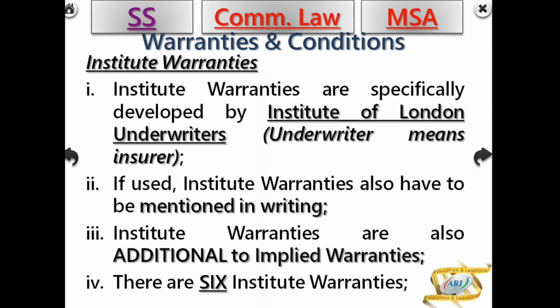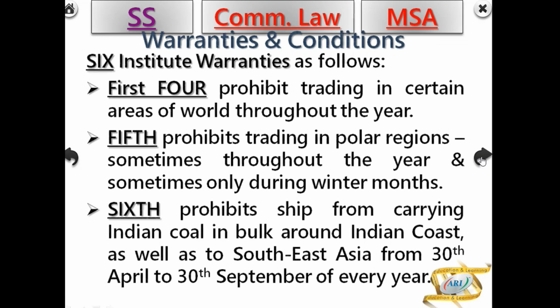The point is there are 6 institute warranties that you and I have to focus on. 6. Very easy to remember. What are they? First 4 institute warranties, they prohibit the trading of the ship in certain areas of the world.